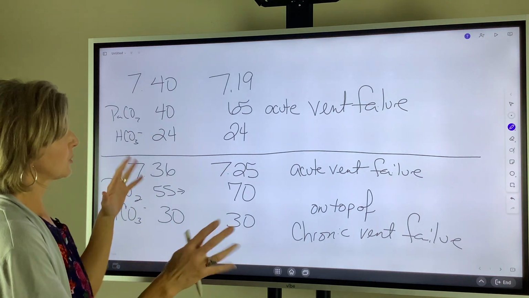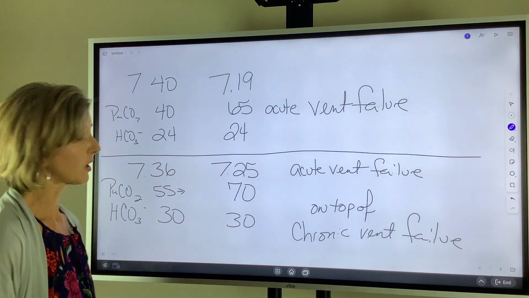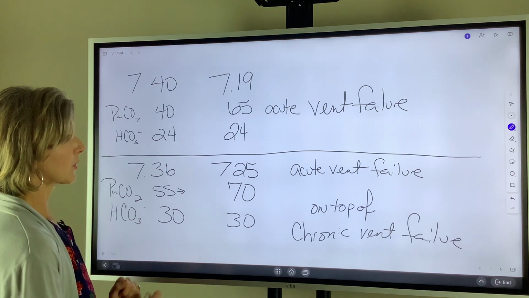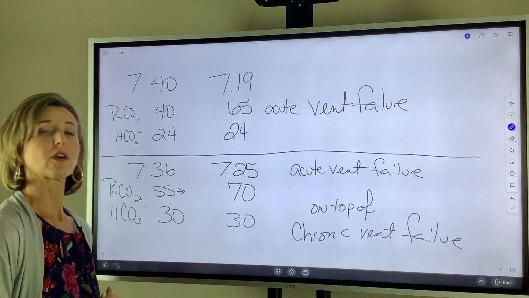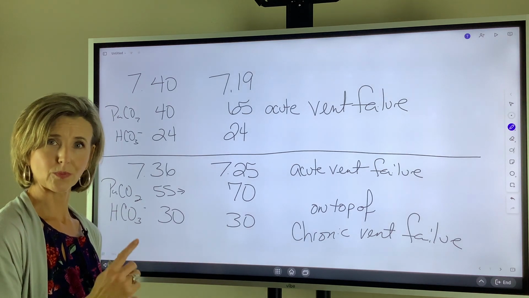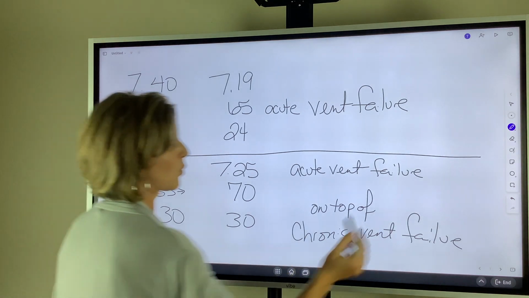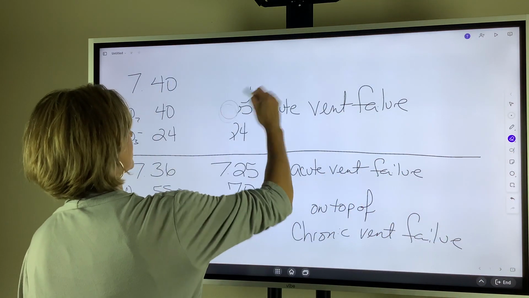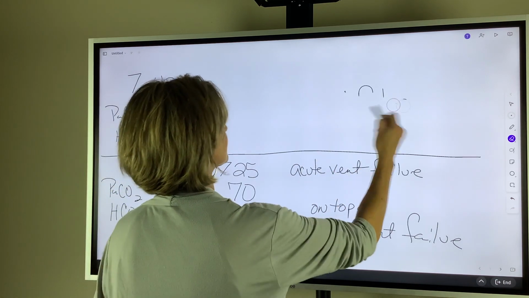So we have two different conditions now. We're using new terminology. We've learned chronic ventilatory failure, and then we've learned acute ventilatory failure on top of chronic ventilatory failure. Right? So let's do one more change just to make sure we have all the new terminology straight.